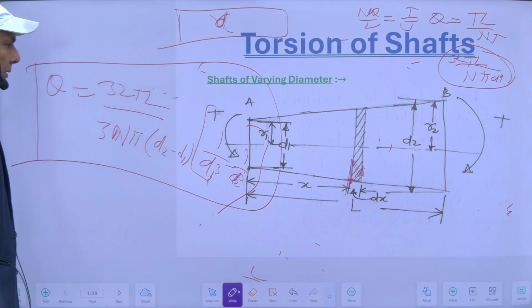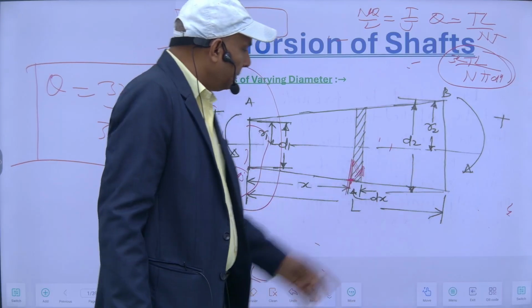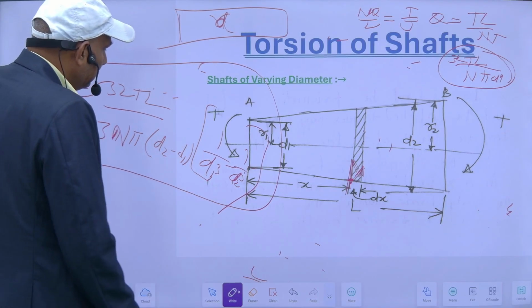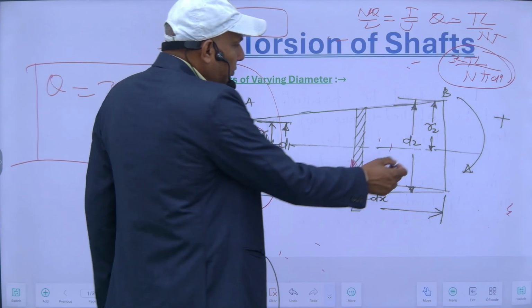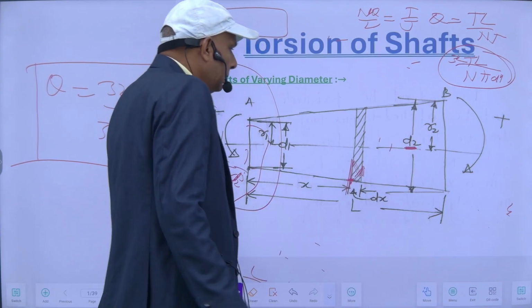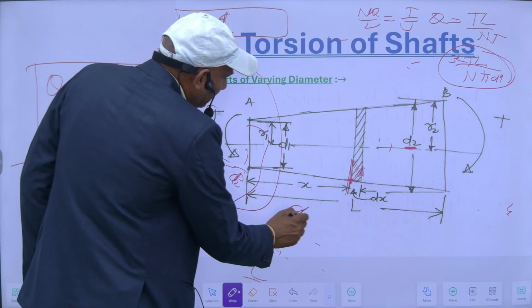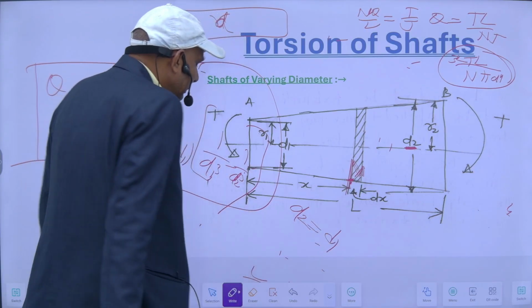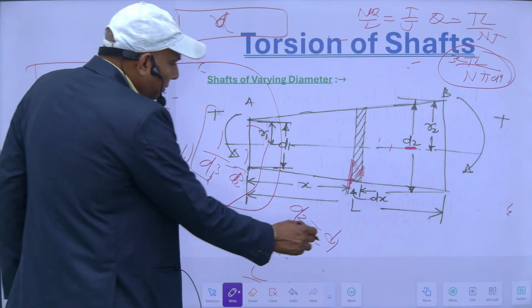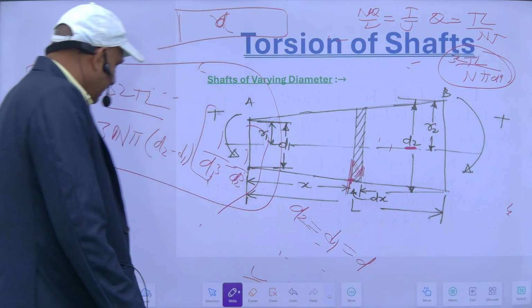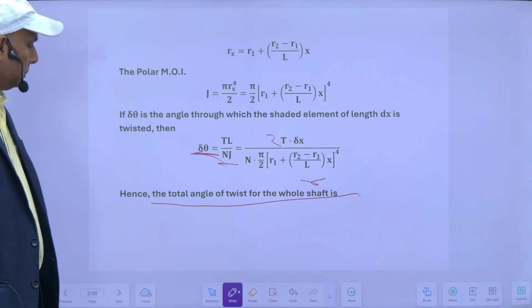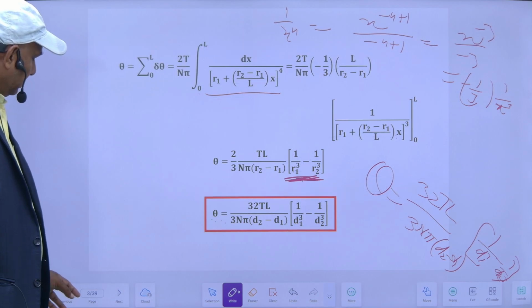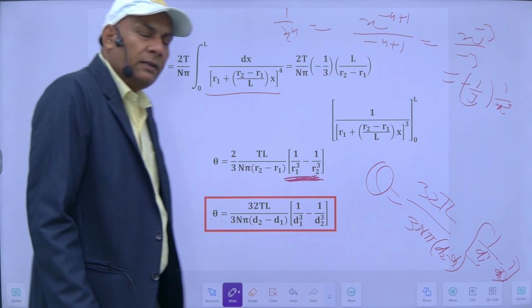If I put d2 equal to d1, equal to d, then my formula will be the same as in case of a constant diameter.